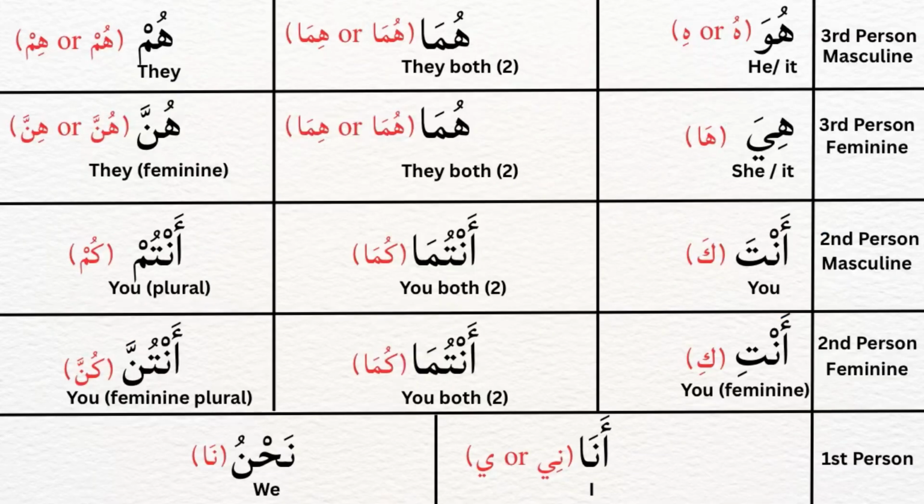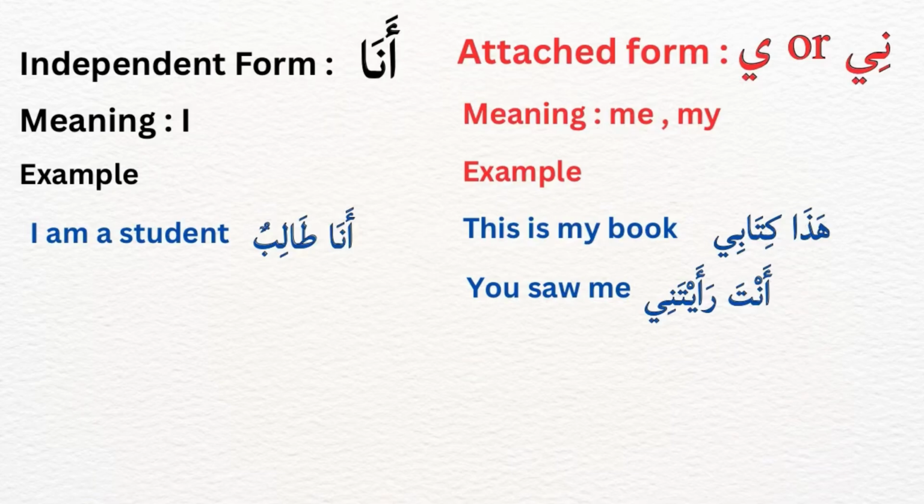Now we'll move on to first person. And in first person, there are only two. The attached form of ana is either ni or i, which means me or my. For example, this is my book. هذا كتابي. You saw me. أنت رأيتني. أنت رأيتني means you saw me.